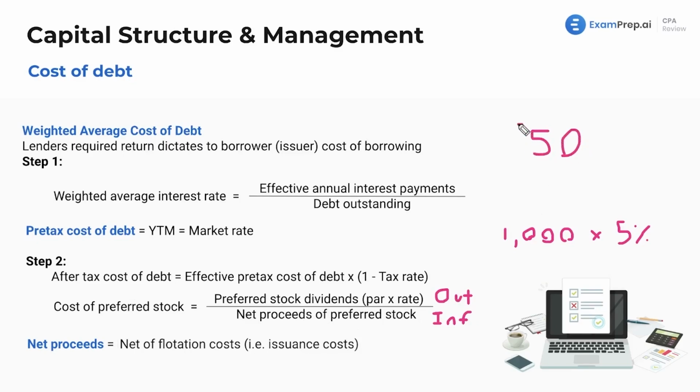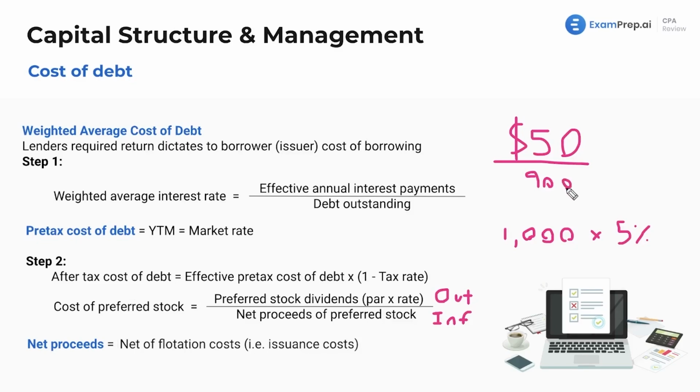Wonderful. $50 of outflows divided by inflows. Let's say we had $1,000 worth of inflows, but $100 worth of fees. So we actually only had $900 of inflows.